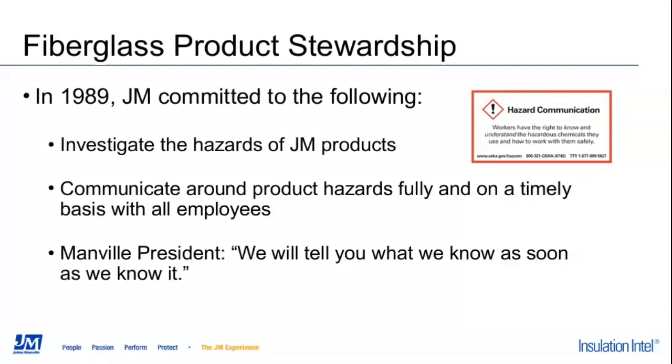He said, we're going to investigate the hazards of all JM products. Then we're going to communicate around those product hazards fully and on a timely basis with all employees. And our stewardship policy, if you could sum it up in one phrase, it was, we will tell you what we know as soon as we know it.